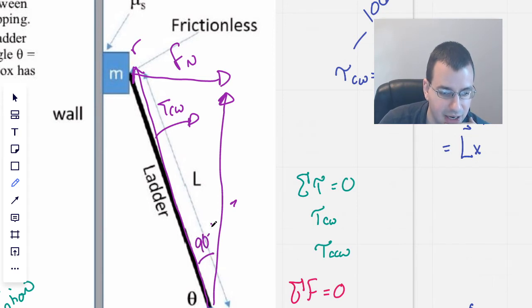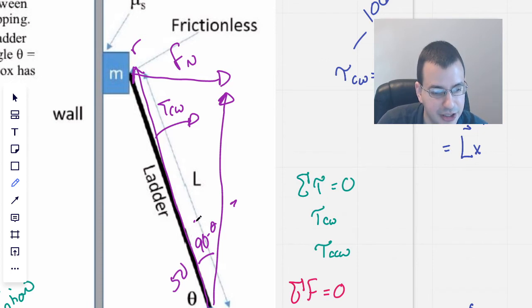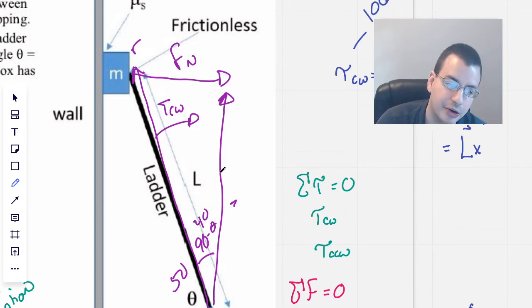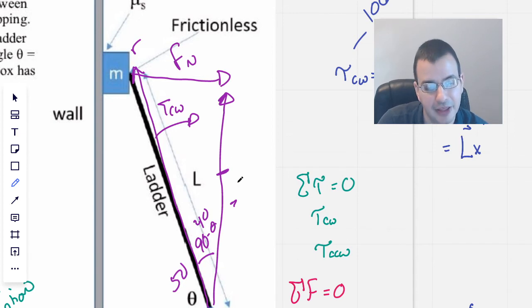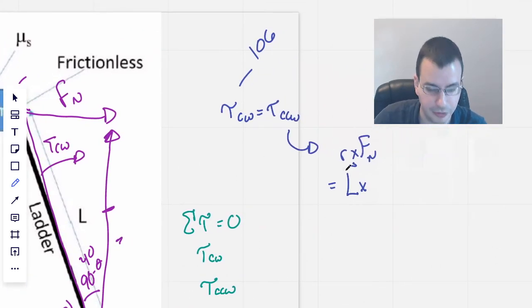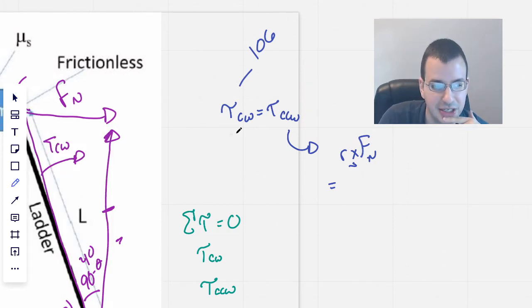This is 90 minus theta. So this is 50. So that makes this 40. And so we're going to do the cosine of this angle to get this angle right here. And this value right here will be the perpendicular value to the force normal. So clean this up real quick. So this is going to be, I think I'm probably just going to write the exact same thing.